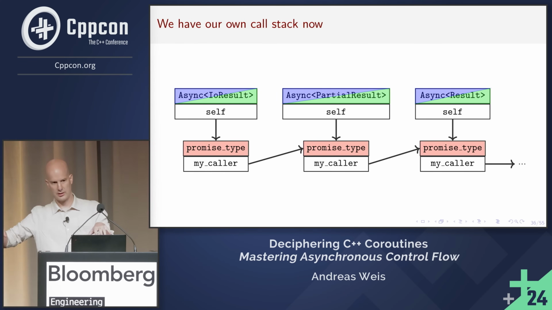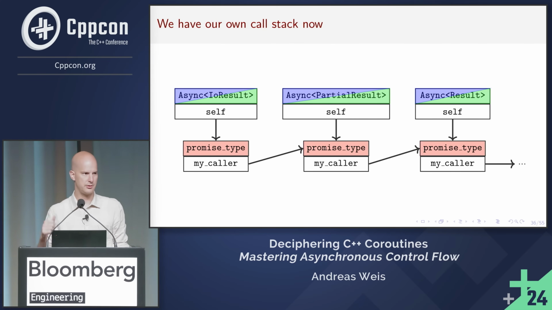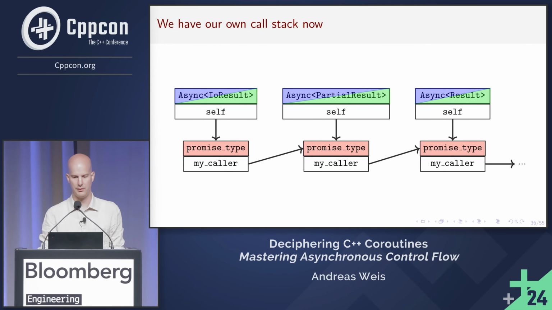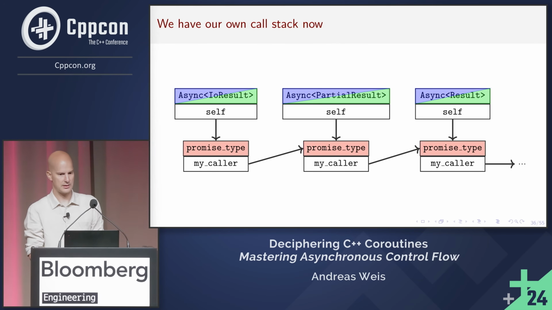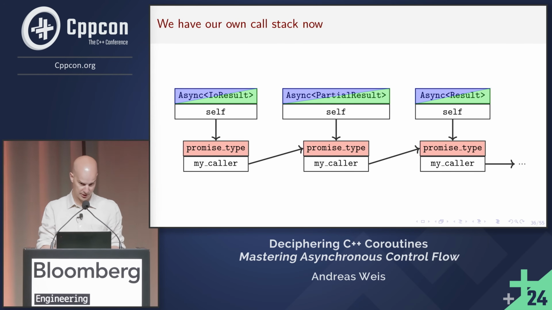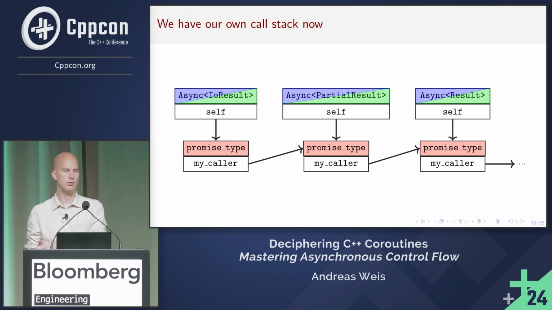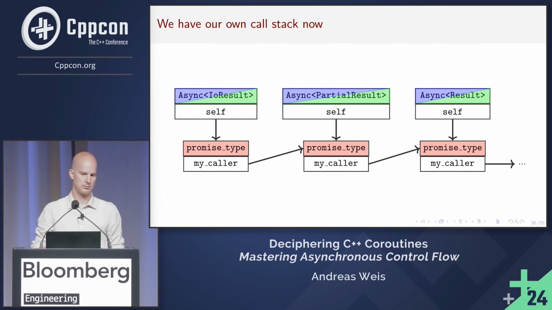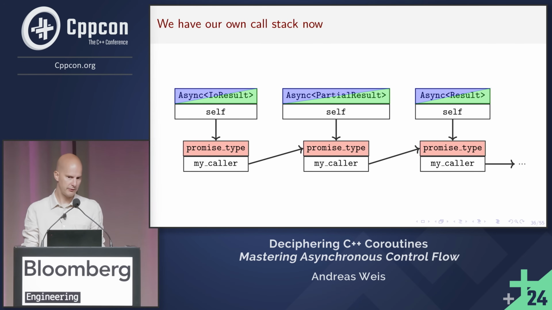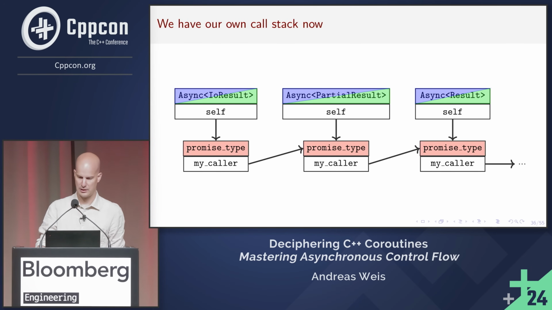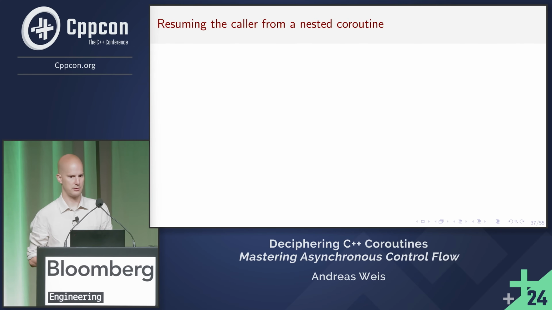And if I look at what happens when I nest these computations, I get a data structure that is very similar to what we had with the call stack before. I again have a linked list, in this case of coroutine handles to promises, and they again point from callee to caller. So I built this structure that is equivalent to the call stack, so I should now be able to resume the caller from a nested coroutine.